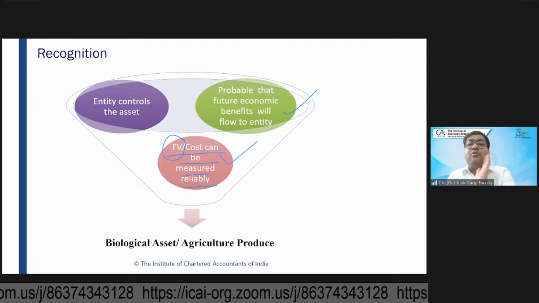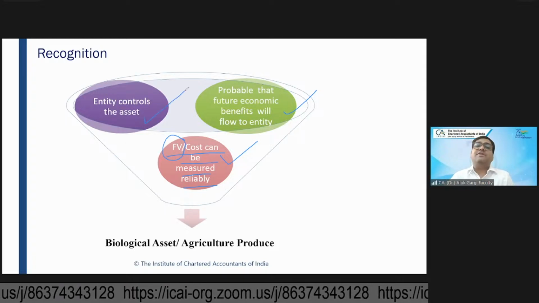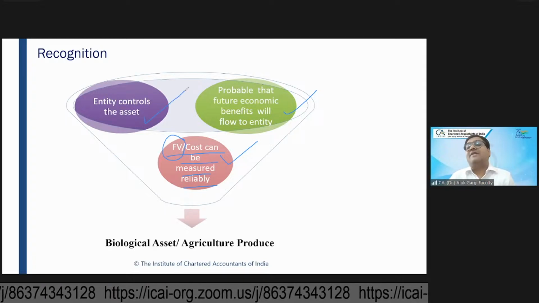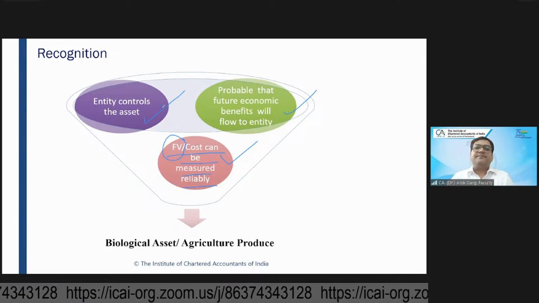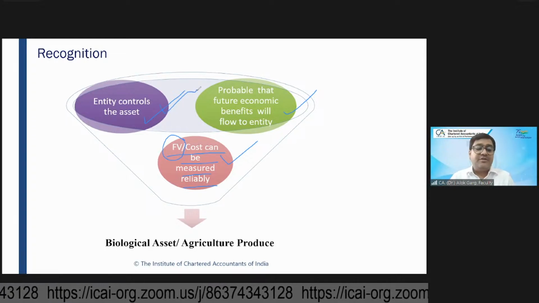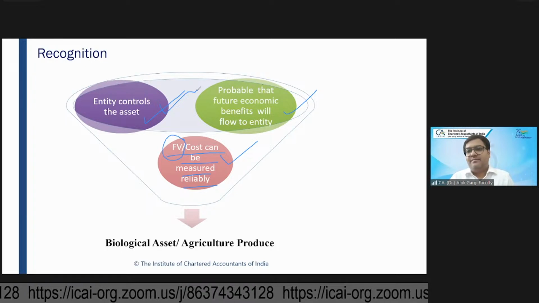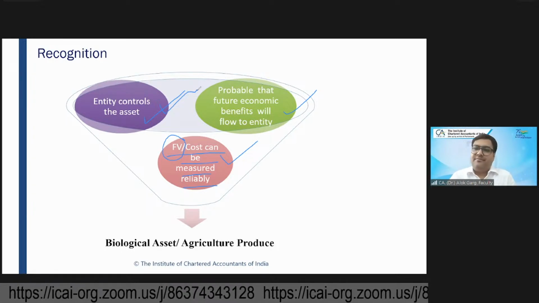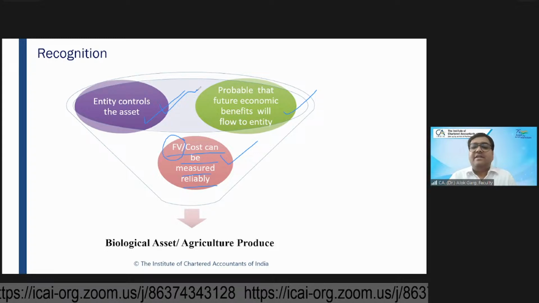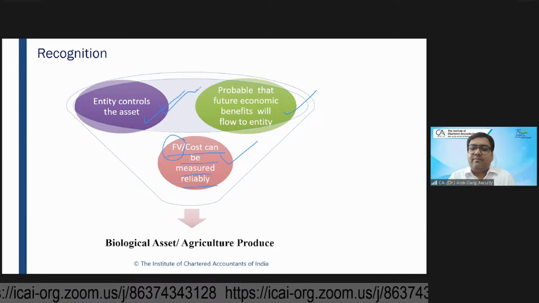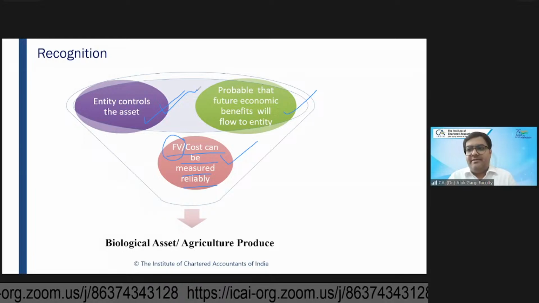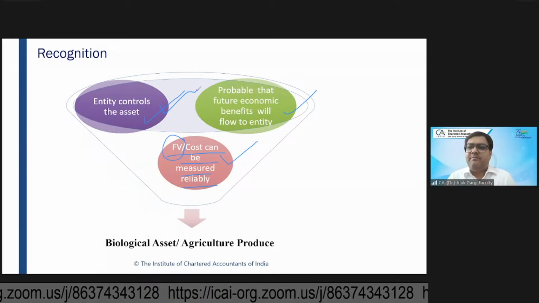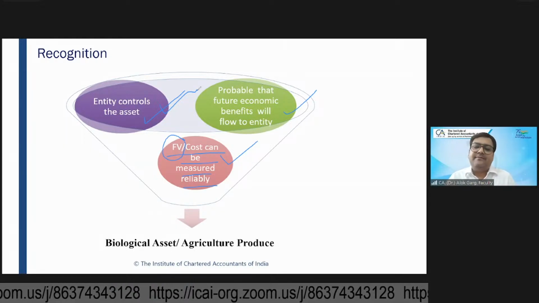But in this particular asset, a third concept is also there, which is that the entity should control the asset. Entity should control the asset. Why is it important? Let me again explain with the help of an example. There was a company and there was a plant, okay, plant meaning the factory of a company.